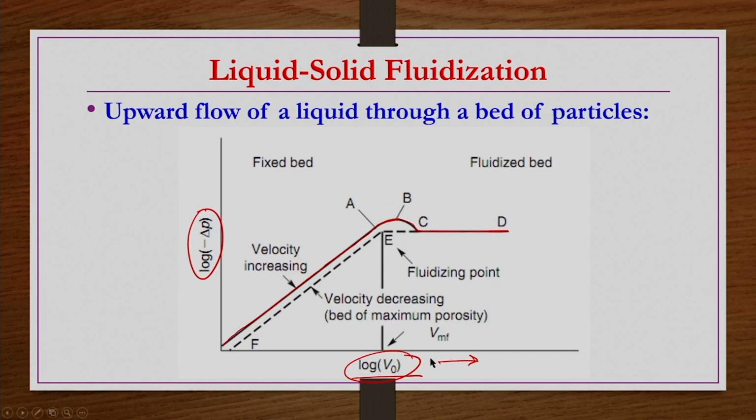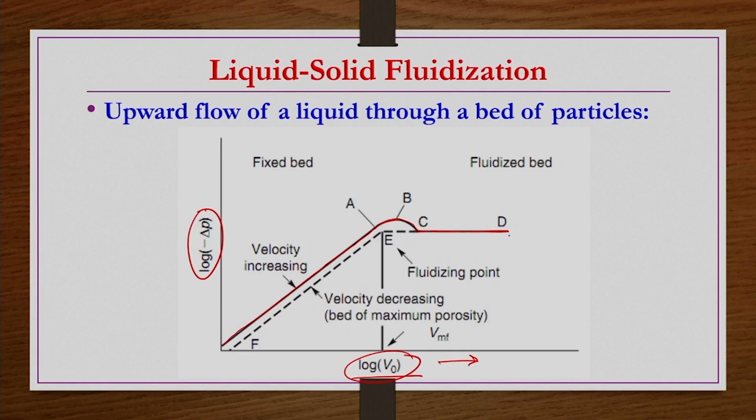Initially you increase the superficial velocity and trace this ABCD curve. After reaching D, you realize that whatever the increase in the fluidizing medium velocity, the pressure drop is not changing, because of the balance between pressure drop and the buoyant weight of the bed.